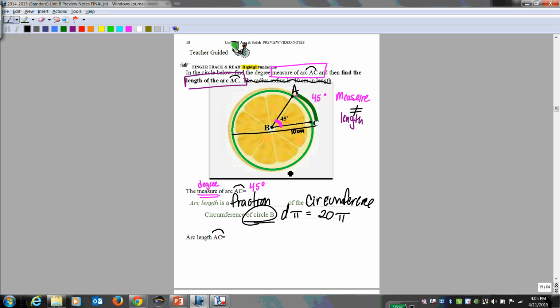So to find the actual arc length, it's a fraction of circumference. We do theta over 360 times the circumference, which is d pi. It looks like this: 45 over 360, that's the fraction, times 20 pi.